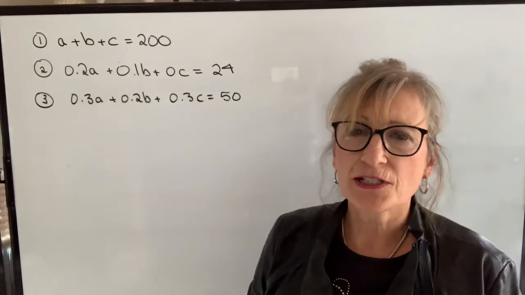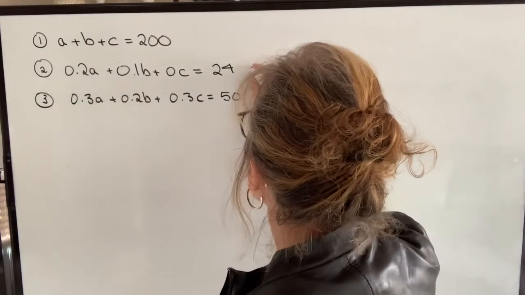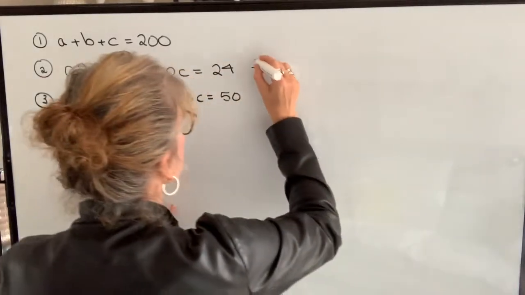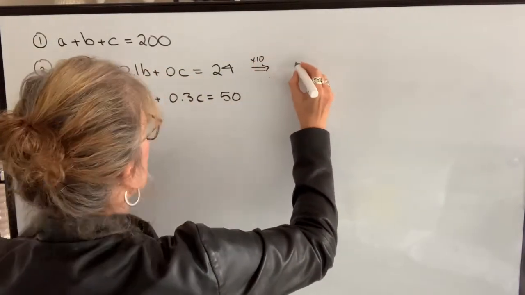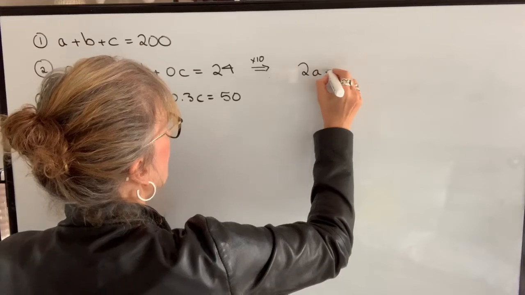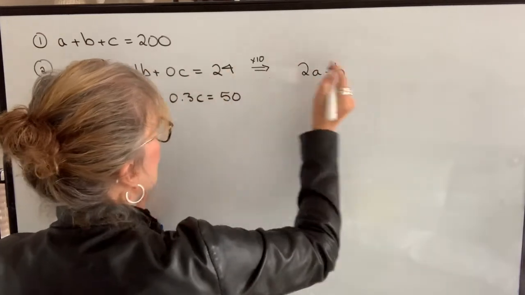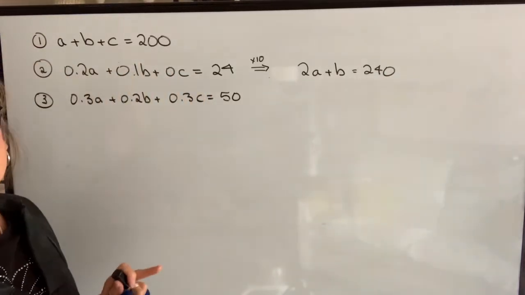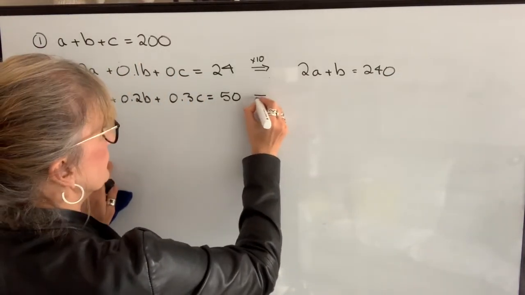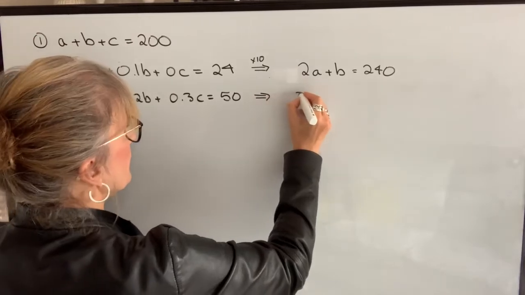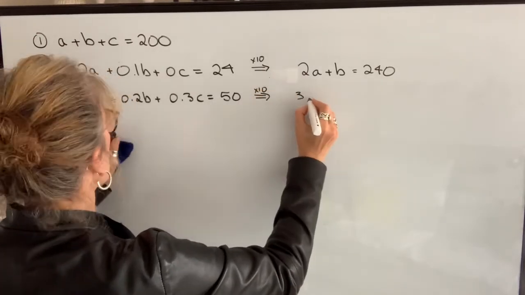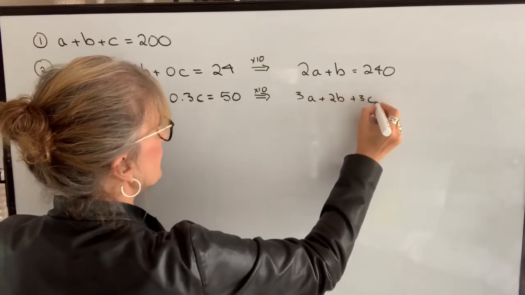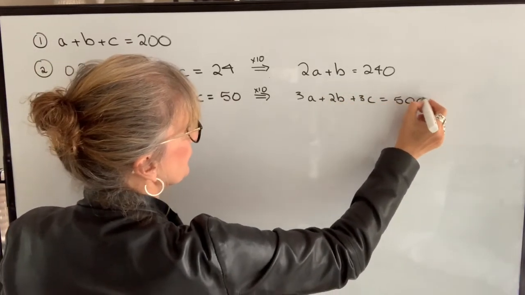Most people don't want to work with decimals, so I'm going to take this equation and just multiply everything by 10 to get 2A plus B plus 0 equals 240. I'm going to do the same thing with the third equation. Multiply by 10, and I will get 3A plus 2B plus 3C equals 500.